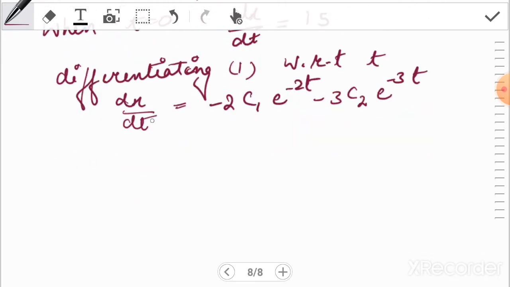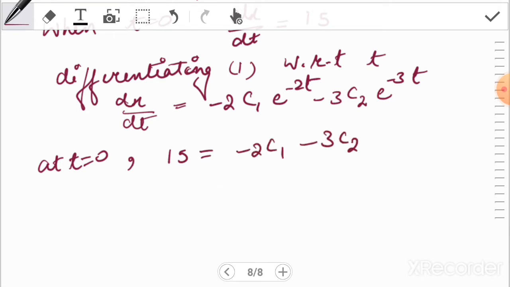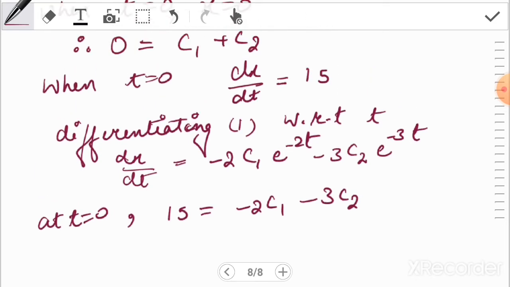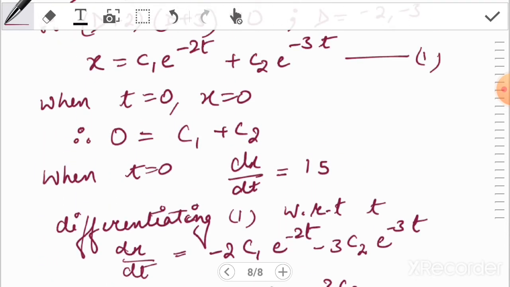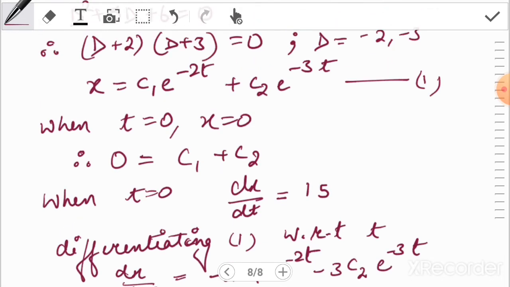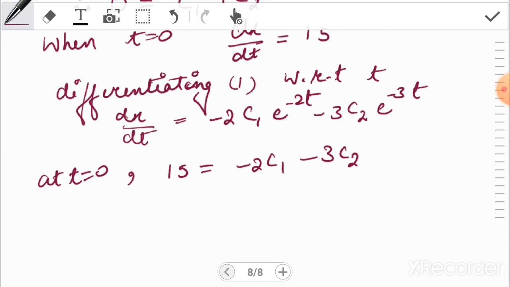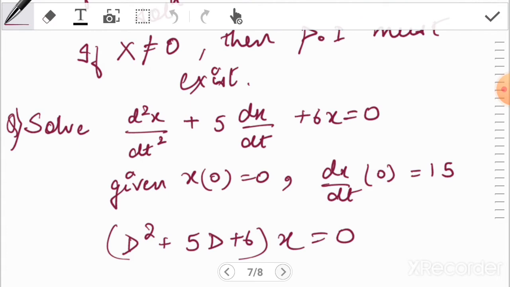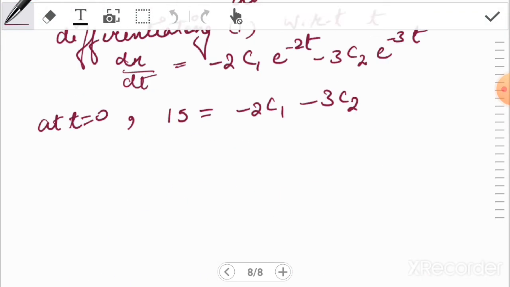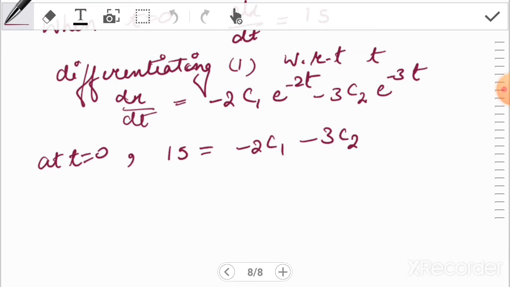So at t is equal to 0, this is 15 equal to minus 2 c1 minus 3 c2. Now we can solve for c1 and c2, and then we will get the final complementary function. Here in this case the complementary function itself is the complete solution, the general solution for this given differential equation, right?